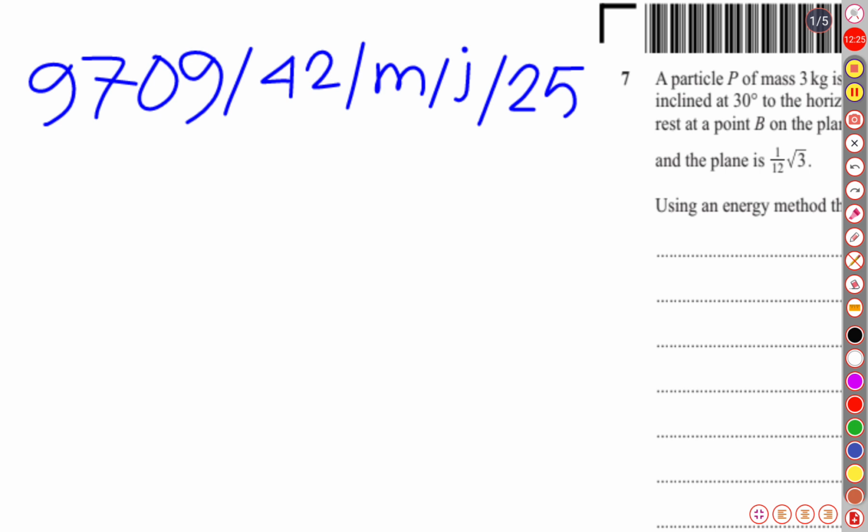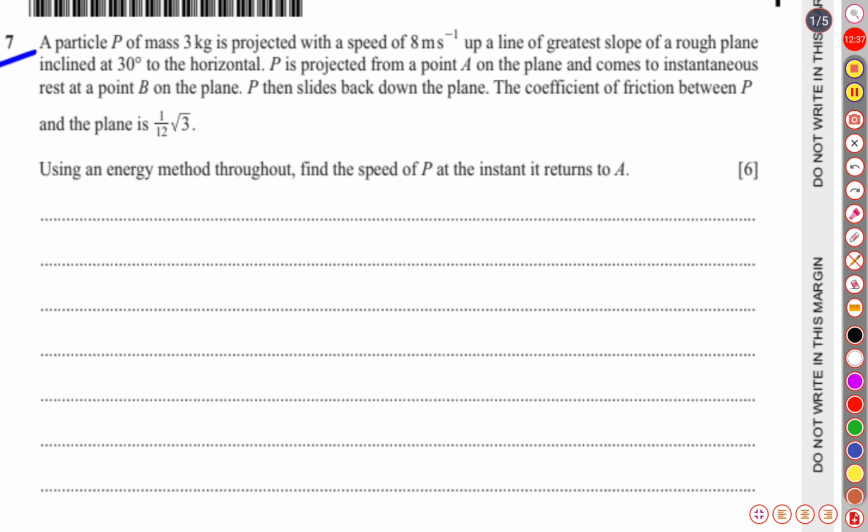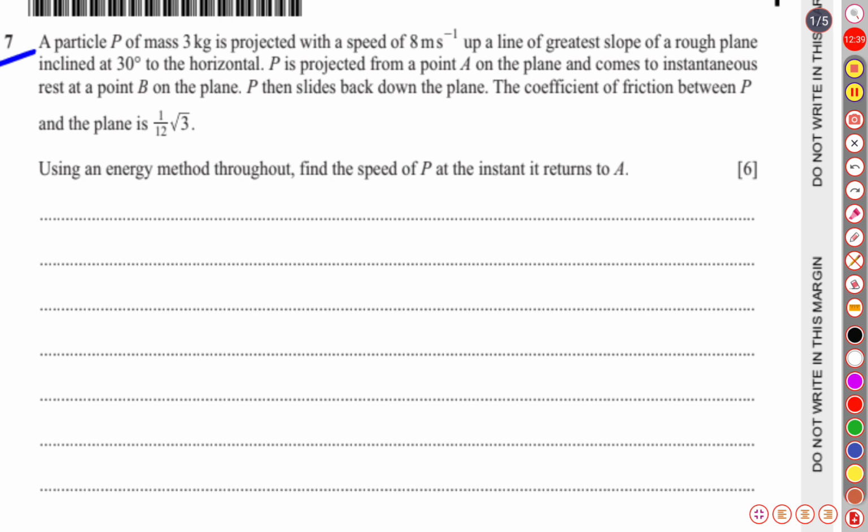Let's see the next question. The next question has been extracted from paper 9709/42 for the session May June 25, and we are solving question number 7. Let's read question number 7. It says a particle P of mass 3 kg is projected with a speed of 8 meters per second up a line of greatest slope of a rough plane inclined at 30 degrees to the horizontal.